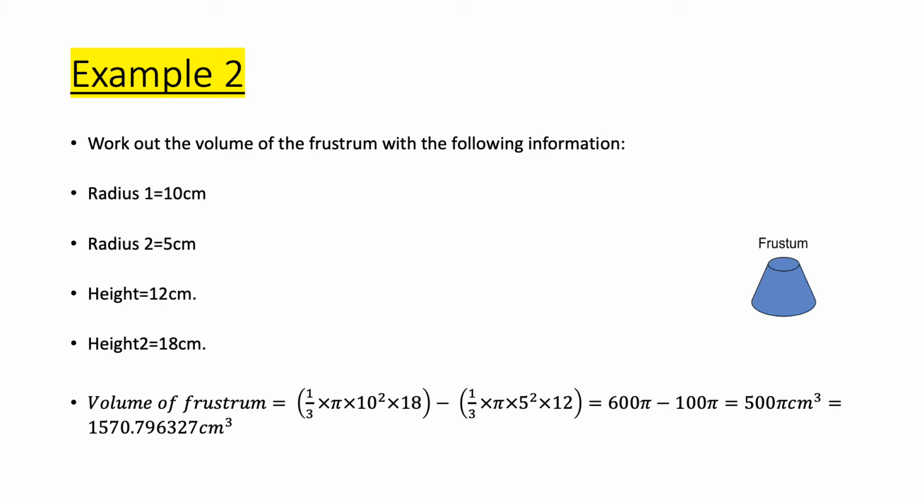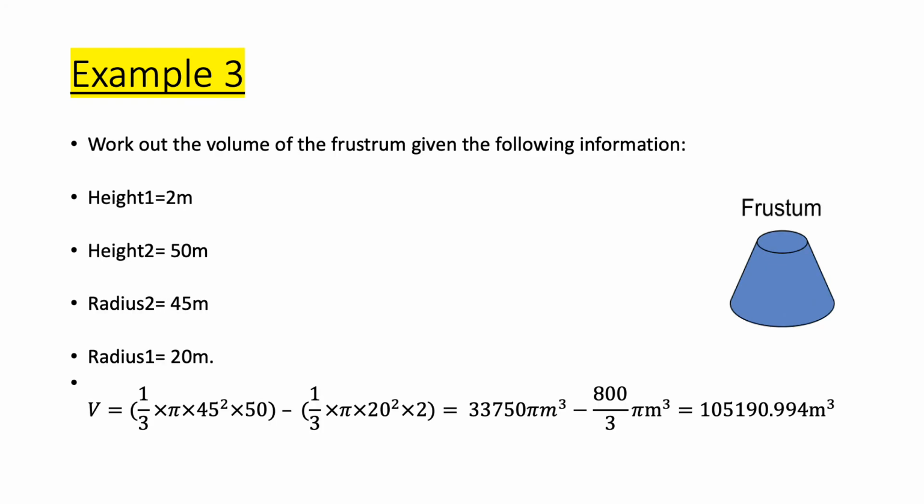Then you will get an answer of 600 pi minus 100 pi, which is 500 pi centimeters cubed. Remember, guys, volume is always units cubed, area is units squared, and if it's just units, then it will be just units.